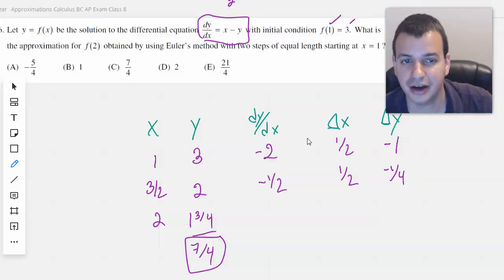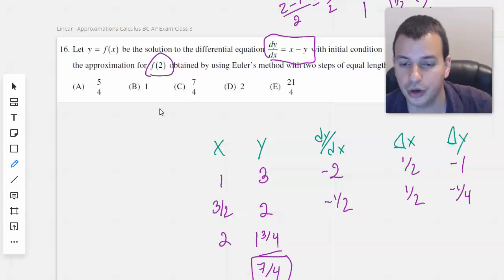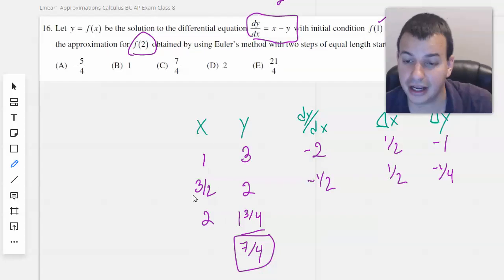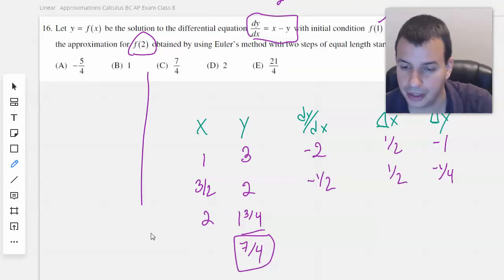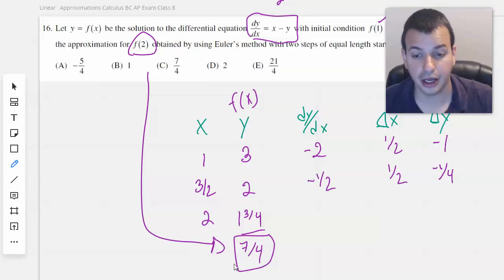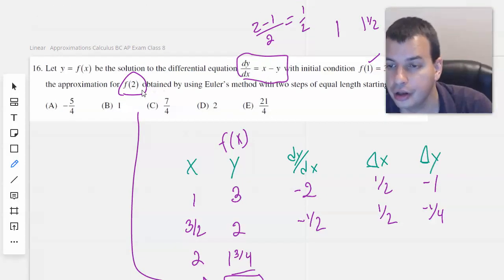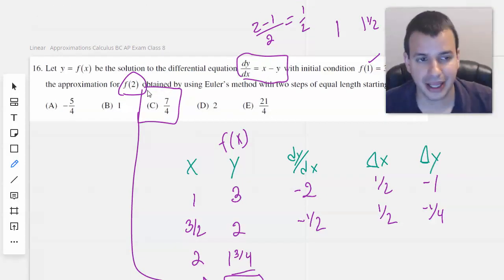And we were asked to find the approximation for f of 2, the function when we plug in 2 for x. So the value then would be f of x, which would be 7/4. So, looking back, that would be the answer.